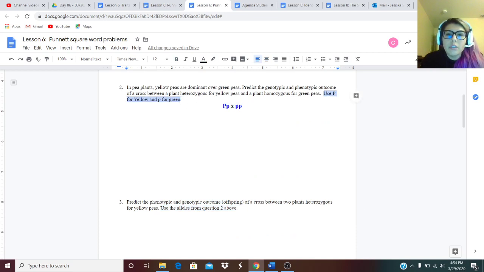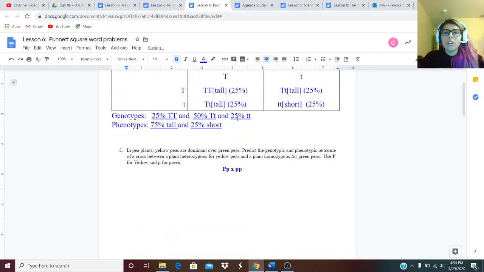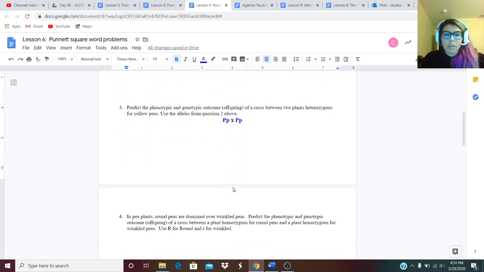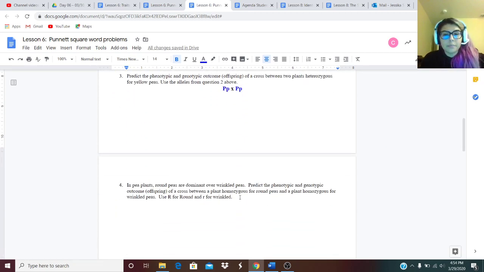So if both of the plants are heterozygous, that means both of the parents are heterozygous. Parent 1 is capital P little p, and parent 2 is also capital P little p. And again, I'm not going to go over how to do the Punnett square or how to figure out the ratios. That you should already know how to do at this point. Okay?